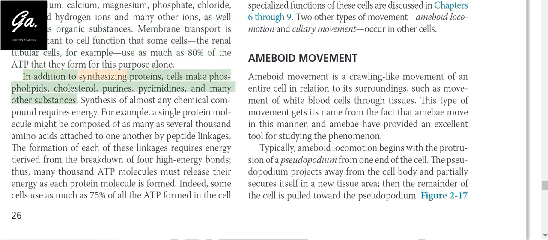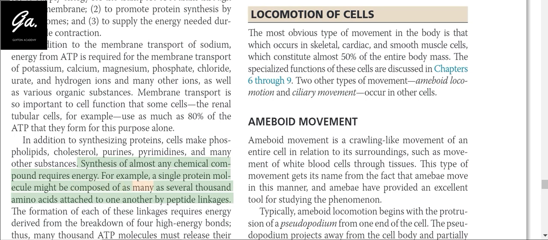In addition to synthesizing proteins, cells make phospholipids, cholesterol, purines, pyrimidines, and many other substances. Synthesis of almost any chemical compound requires energy. For example, a single protein molecule might be composed of as many as several thousand amino acids attached to one another by peptide linkages.